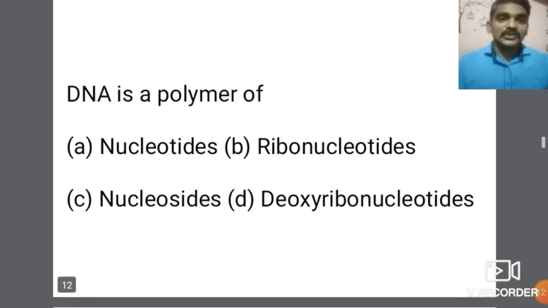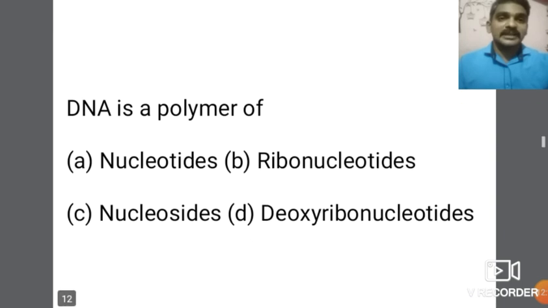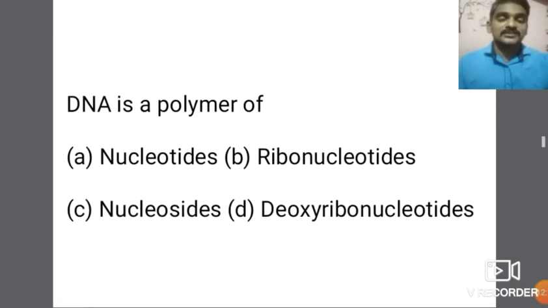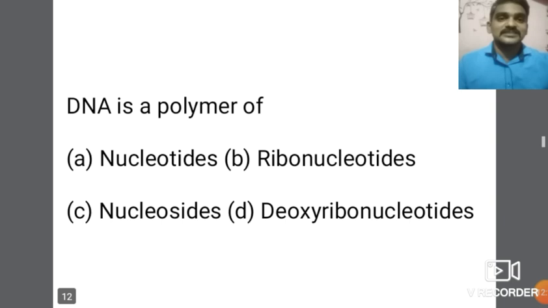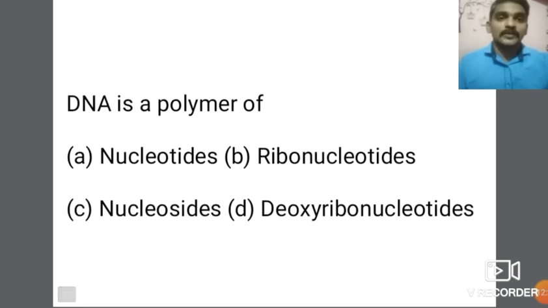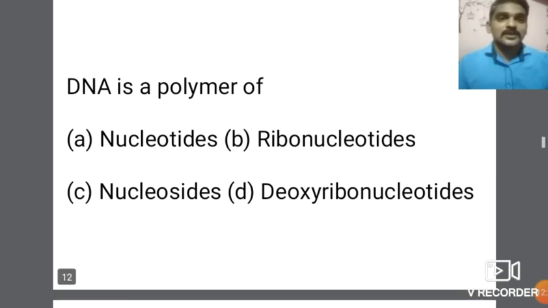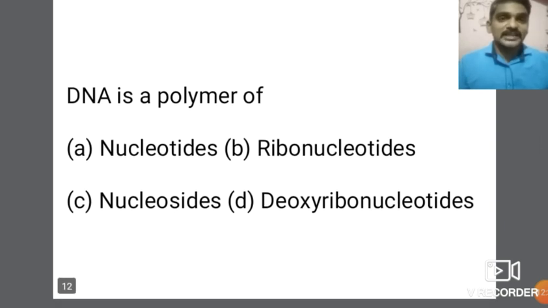Generally, if they ask in nucleic acids, which is the polymer, it is made up of what? You can write nucleotides. But if they ask specifically DNA or RNA, you have to write in a different manner.